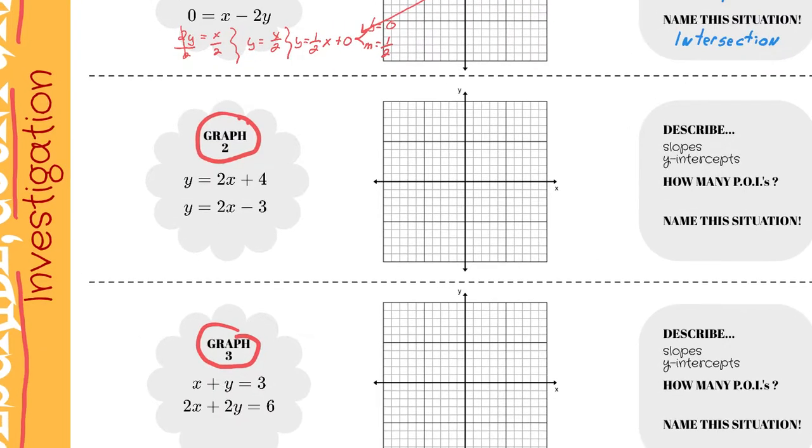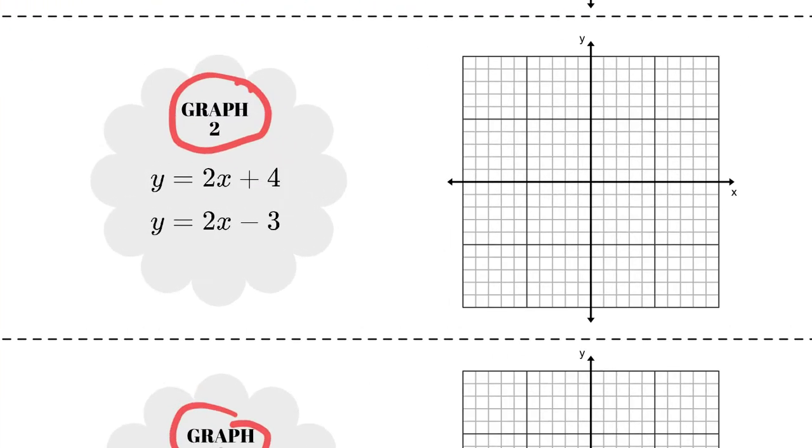So down to my second set. My second set is nicely set up. I've got it in the correct format. So b in this case is 4, m is 2. In my second equation, b is negative 3, and slope is 2, or 2 over 1.